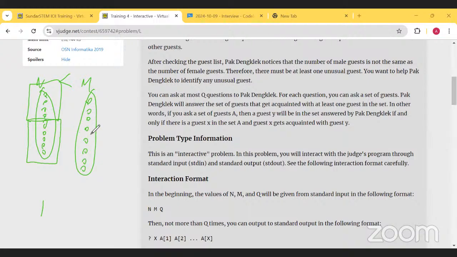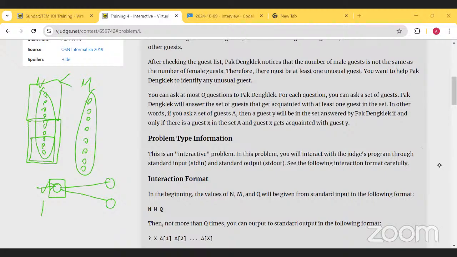But if the number of female is more than the number of male, then just continue the binary search. We can try to ask another half and so on until we get only one male that has more than one female here. And that is the unusual case.